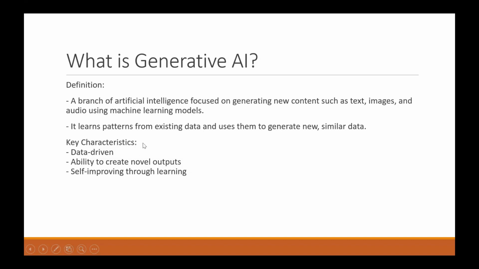Generally, Gen AI providers train the model they have created on lots of existing data, and they will use that data to generate new content or similar content. Even it learns from its previous mistakes or previous data or even from the current data, and it generates the content based on that.